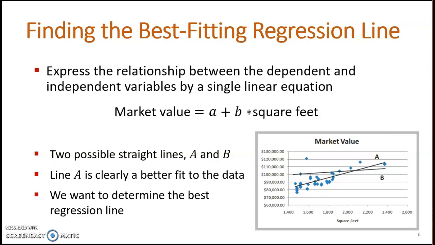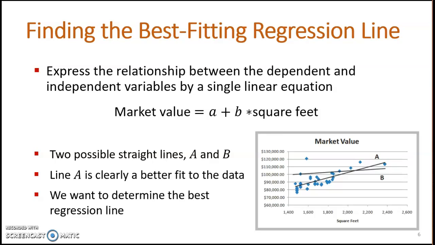So we can use the best fitting regression line to express the relationship between the dependent and independent variables using a single linear equation, where we express market value equals A plus B multiplied by square feet, where A is the y-intercept and B is the slope of the line.